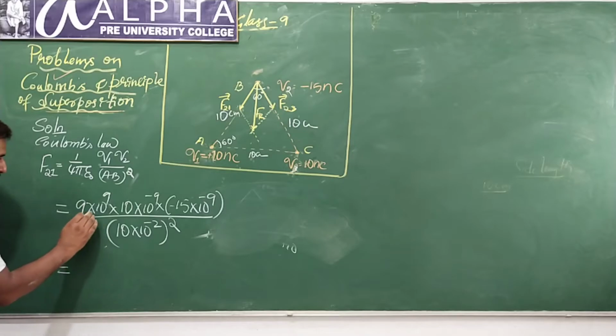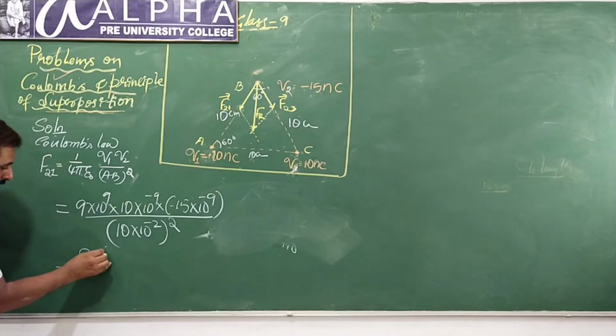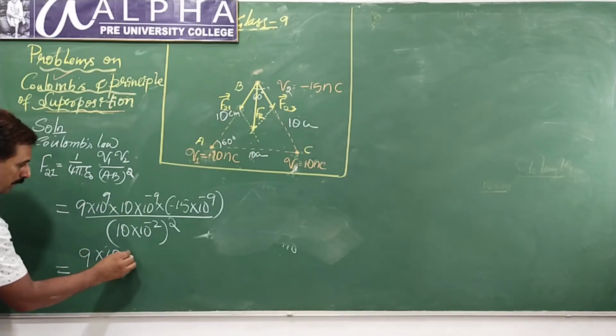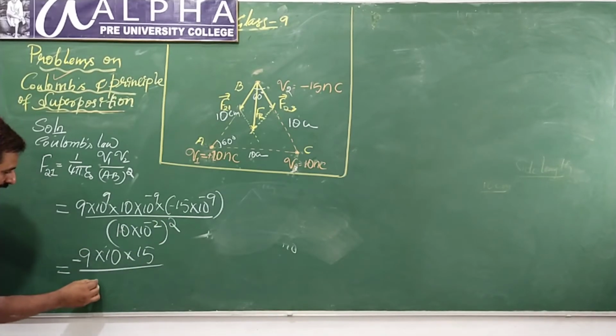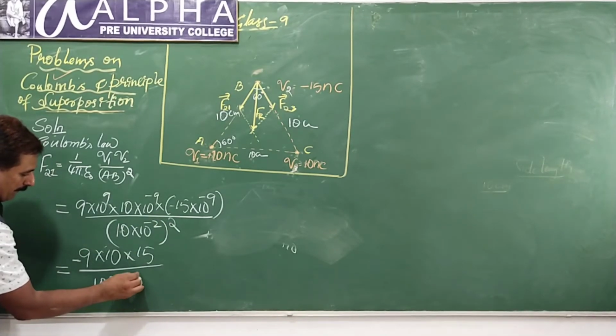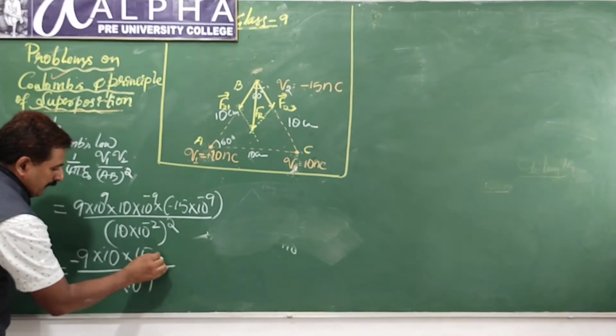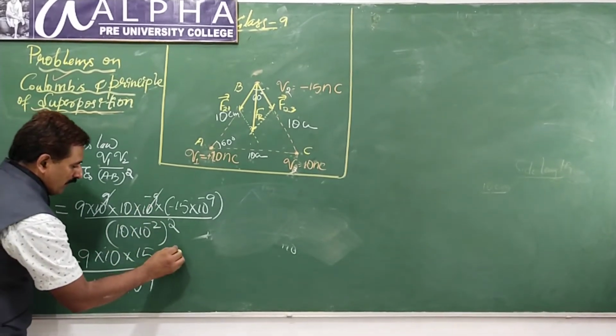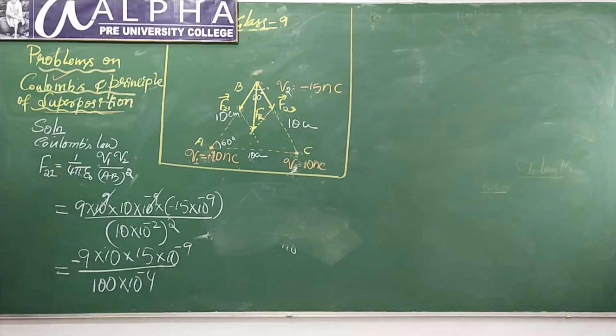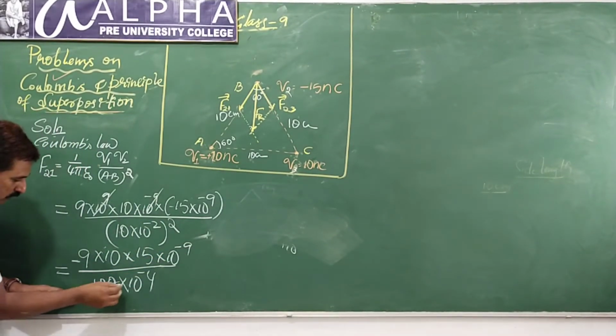First you collect the numerical values. 9 into 10 into minus 15, whole over, what is 10 squared? 10 squared is 100. 10 to the power minus 4. What is the numerator power? In the numerator, plus 9 and minus 9 cancel. You are left with just minus 9. Okay. You can remove these two zeros.